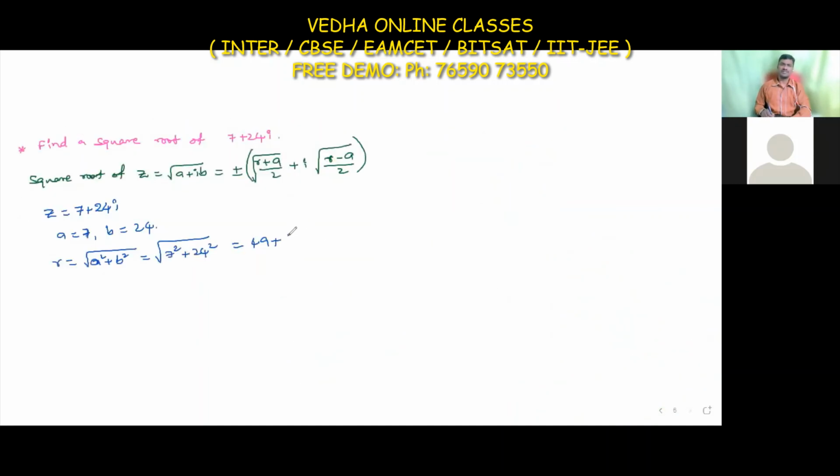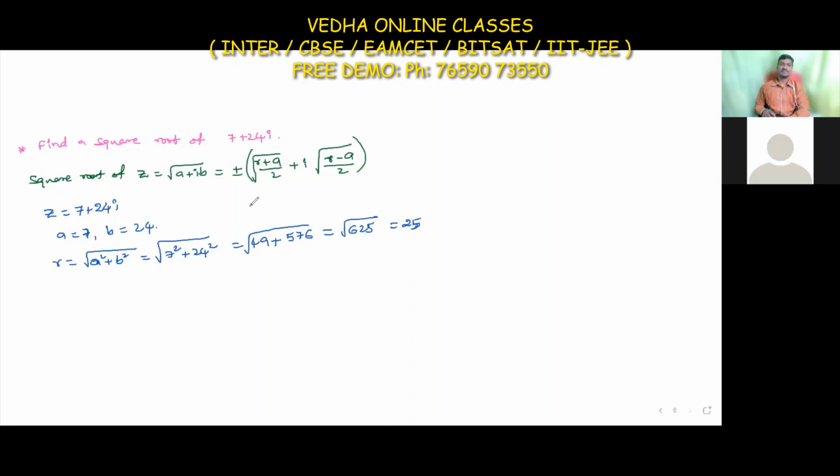So 576 plus 49, using the kirana shop method: first add 4, that gives 580, and the remaining 20. If you add 24 in total, that gives 625. 625 is nothing but 25 square, so the r value is 25.